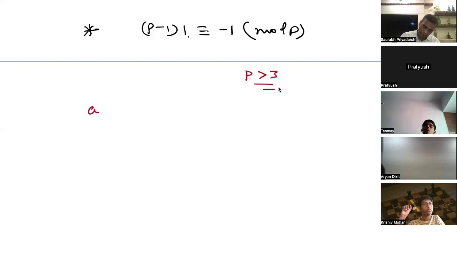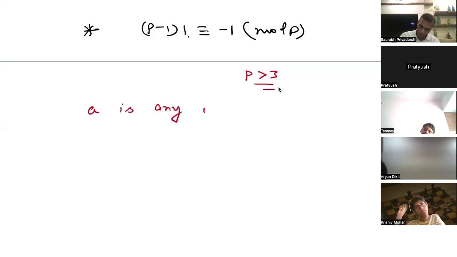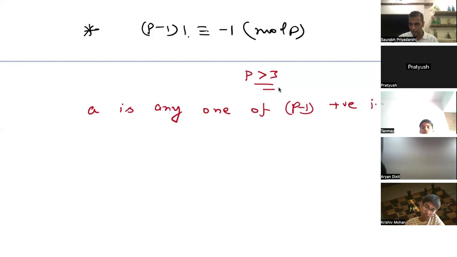Suppose a is any one of the p minus 1 positive integers. Any one of the numbers I'm taking, like this number a, between 1 and p minus 1, right?